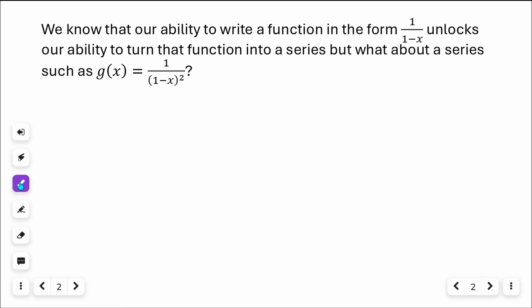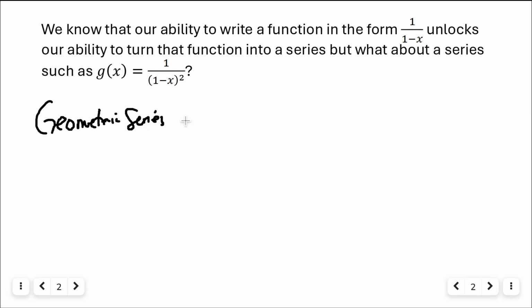So again, in the last video, we know that our ability to write a function in the form 1 over 1 minus x unlocks our ability to turn that function into a series. We did that. If we had this geometric series in the last video, the sum of a times r to the n, we knew the sum of that was a over 1 minus r.